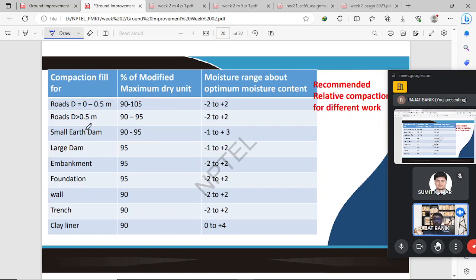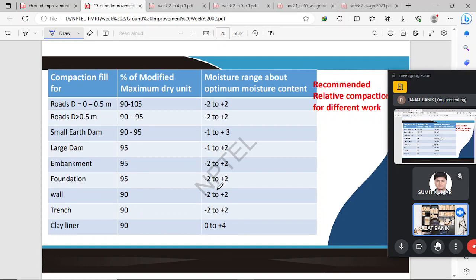Further, in roads, if the depth is greater than 0.5 meter, the relative compaction, or maximum dry density with respect to the laboratory, should be maintained at 90% to 95%, and the optimum moisture content range should be -2 to +2. But the range should not always be equal.